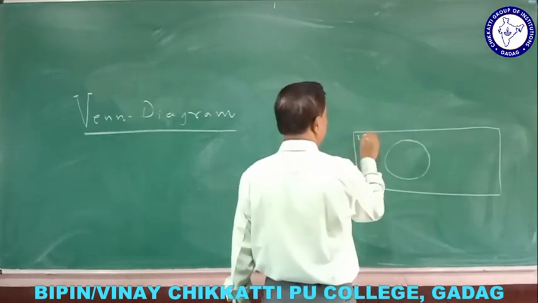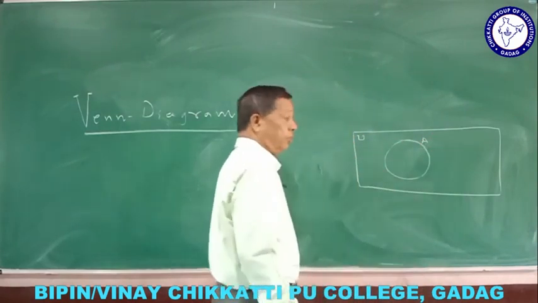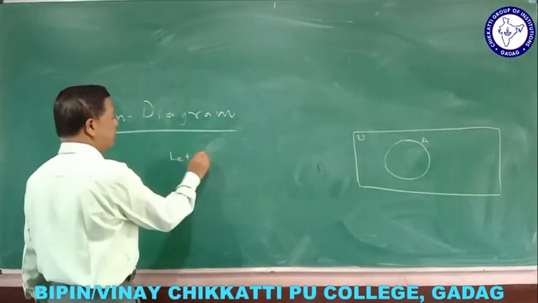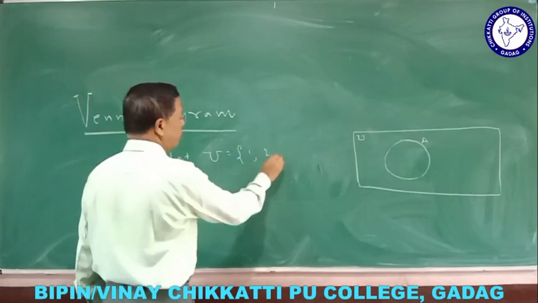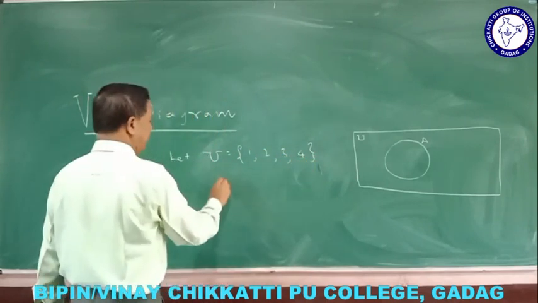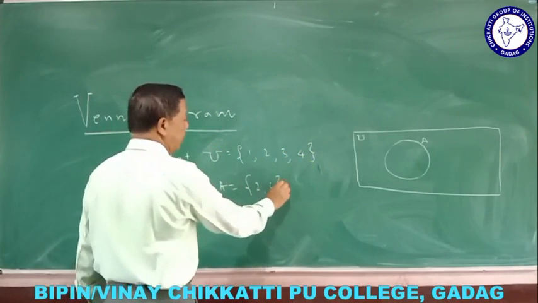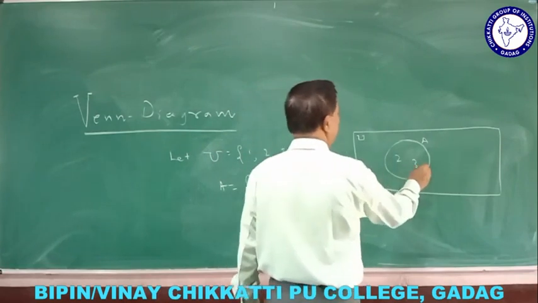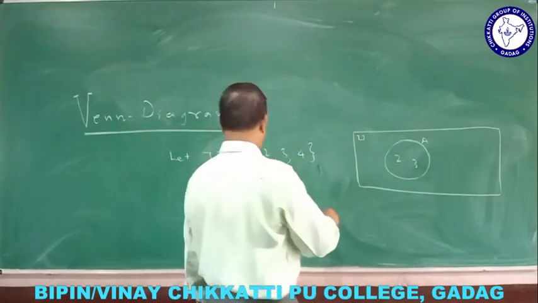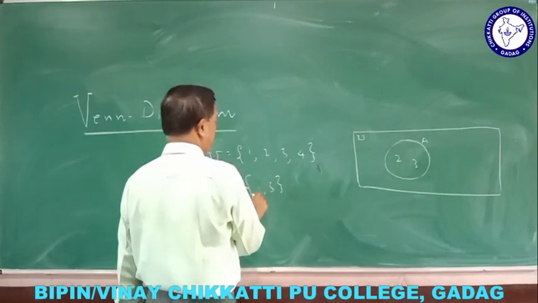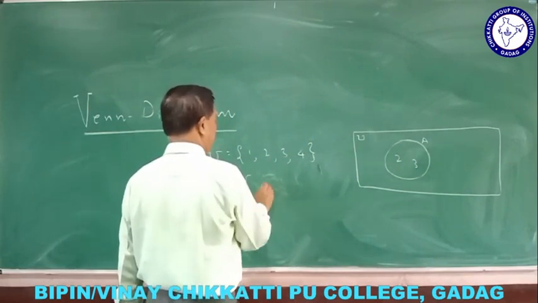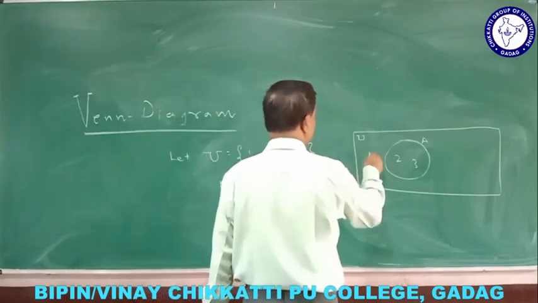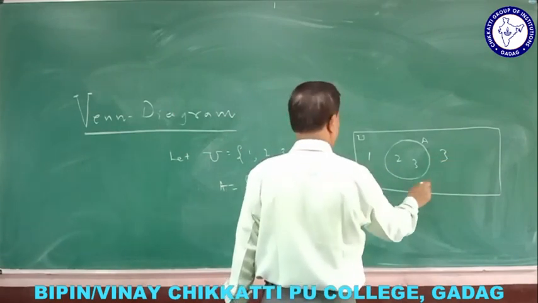Suppose U is the universal set and A is a subset of the universal set. Suppose U is equal to {1, 2, 3, 4} and A is equal to {2, 3}, how do we represent it? The elements of the subset are always written in the circle only, and the rest you write outside.